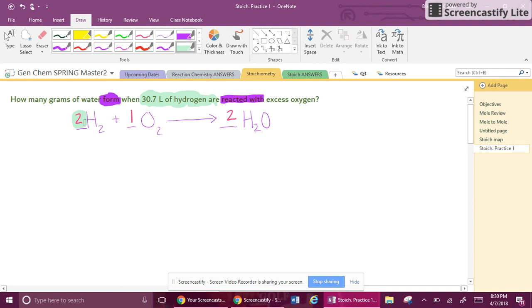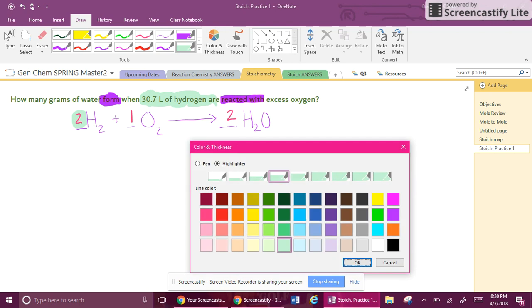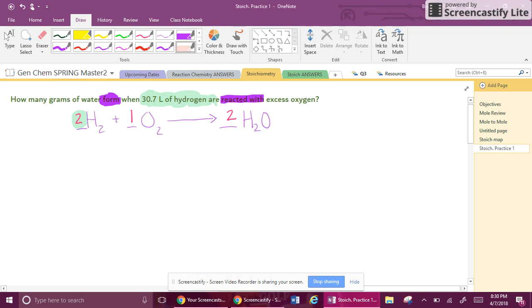It's hydrogen gas, so he's my starting coefficient. I'll use that when I cross the mole bridge. Then it's also important to identify where we're going to end, or what the question wants. It wants how many grams of water, so that's what I'm going to be looking for. And here's my water, so I'm going to highlight that coefficient right there. That'll get me to where I want to go.